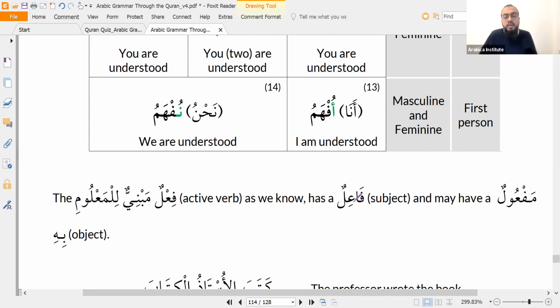With the passive, you'd say al-kitabu yuktabu, the book is being written, or al-kitabu maktubun, the book is written. This is why the imperfect verb is called al-fi'lul mudari'u, the similar verb, because it's similar to the ismul fa'ili, and the passive version is similar to the ismul maf'uli.